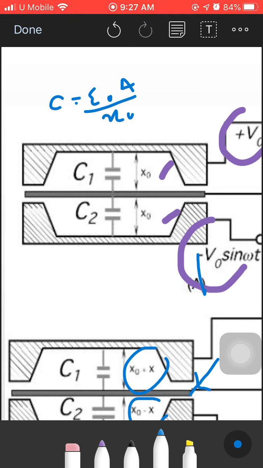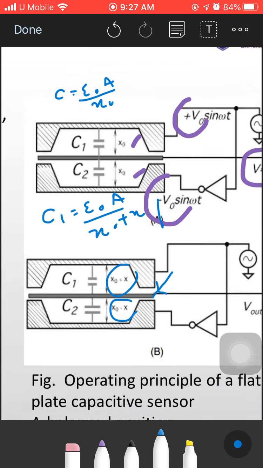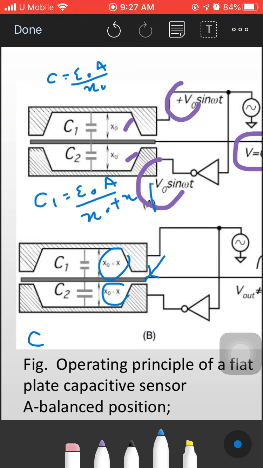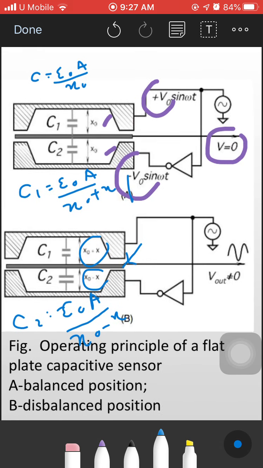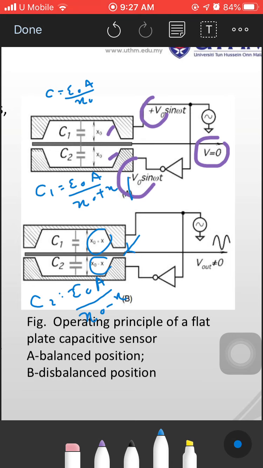Now the value of C1 becomes epsilon naught A over x naught plus x, and C2 becomes epsilon naught A over x naught minus x. So the values of capacitance for C1 and C2 will not be the same as previously. They will become different.